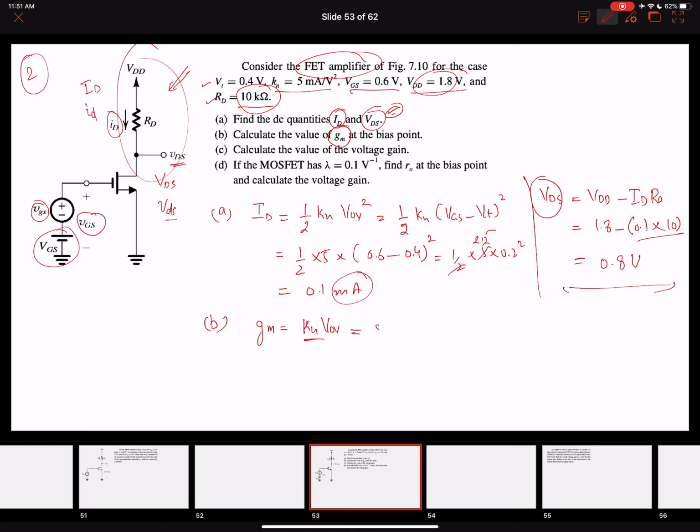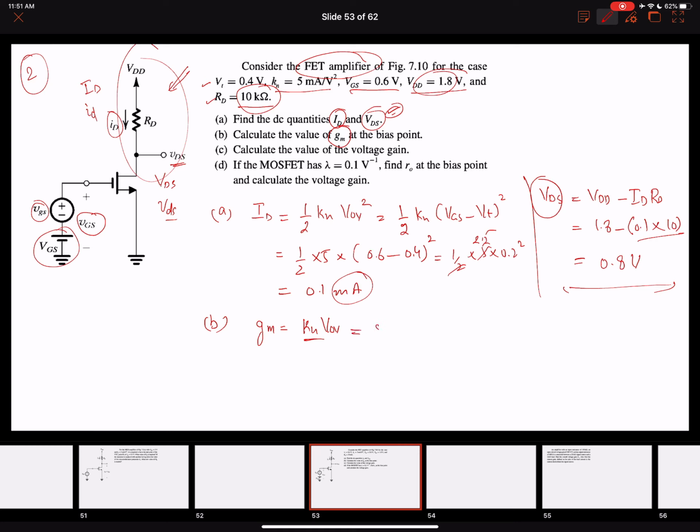Okay, so let's go back and solve that example where we are at. So our voltage gain now is minus gm into RD. I already know the value of gm from my earlier equation from part B, which is plus 1. So minus 1 into RD, the value of RD is given as 10 kilo ohms.